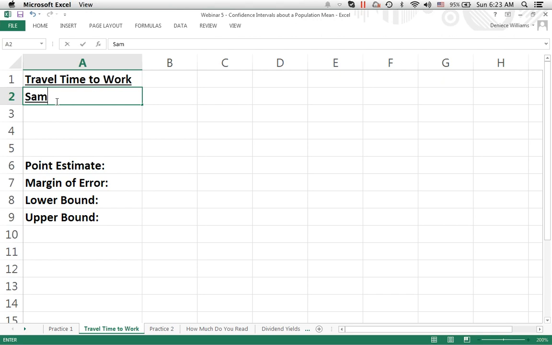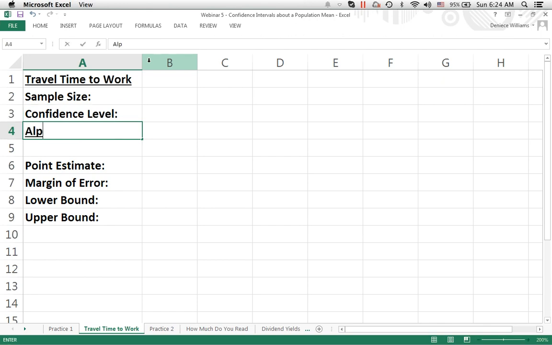So the first thing I'm going to type in is sample size. I also need to have my confidence level, which will give me my alpha. I want to make sure that you understand where the alpha is coming from.